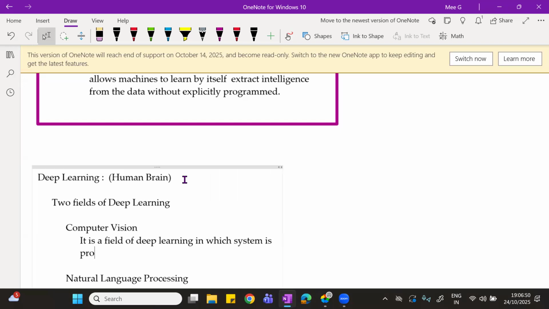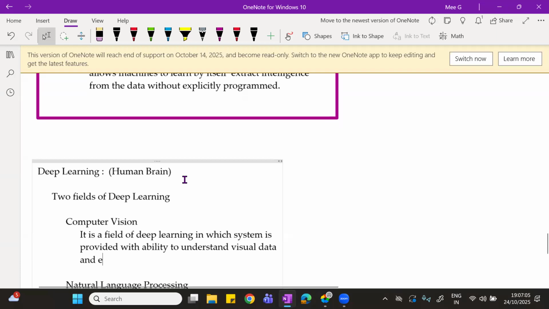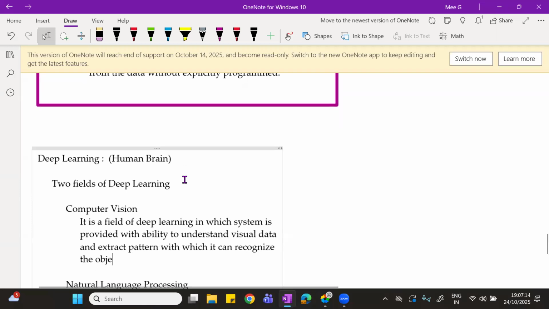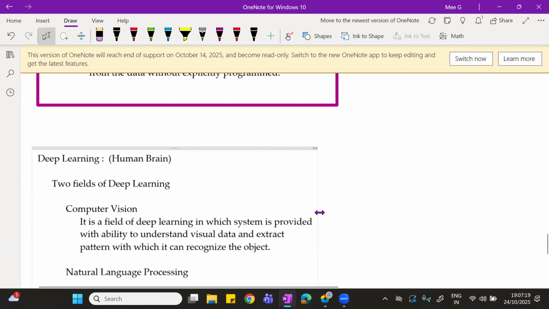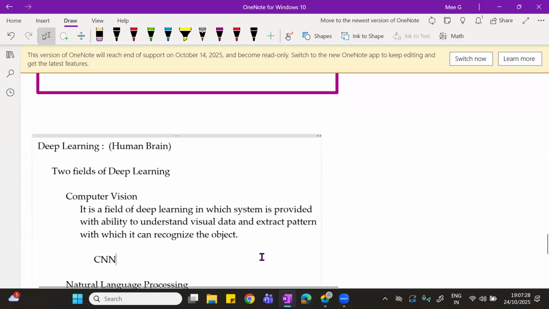Visual data means images, guys. That is what is called computer vision, and as I told you, this is implemented with the CNN, convolutional neural network.